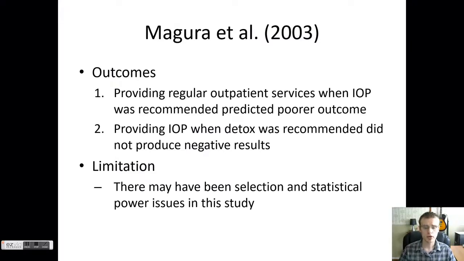This article is a good one to read just to get the idea that they're trying to put out here, which is, does level of placement matter? That part would surprise many people to hear, that detox was not as critical. If somebody needs IOP, it does seem that IOP is a good placement for somebody, even if they do properly need detox.